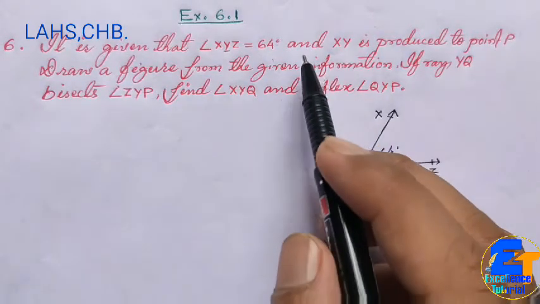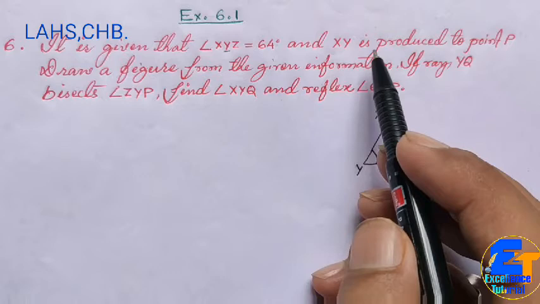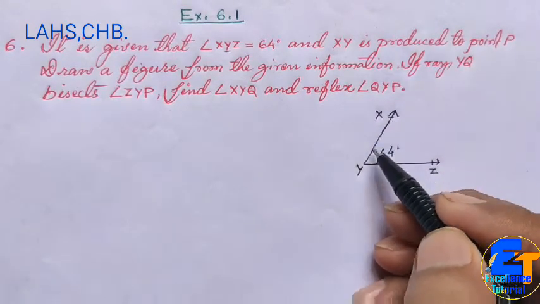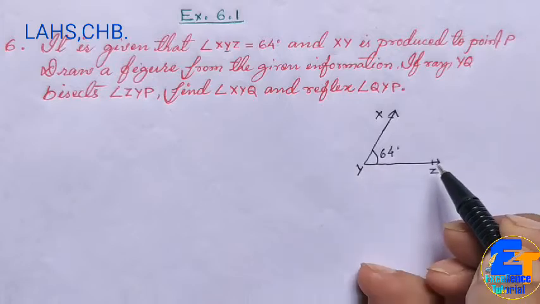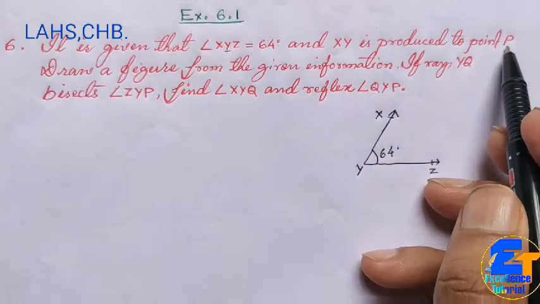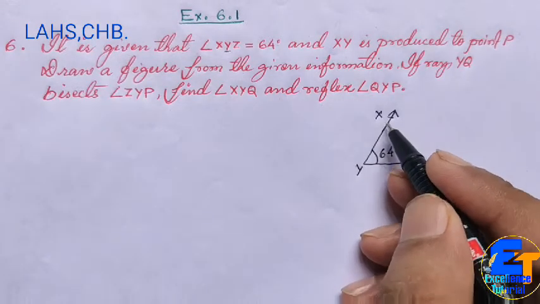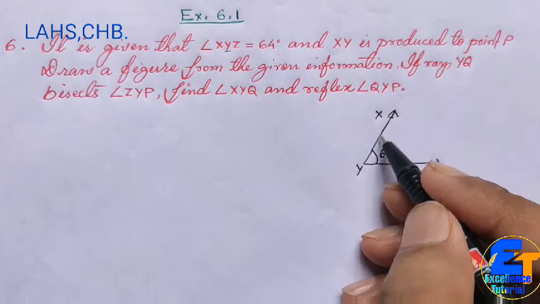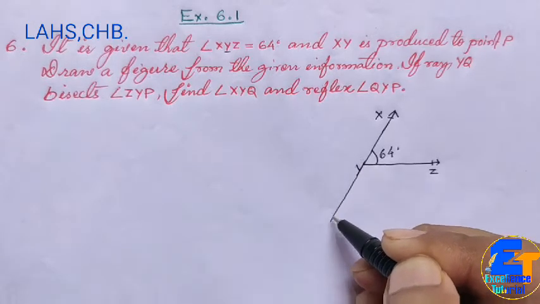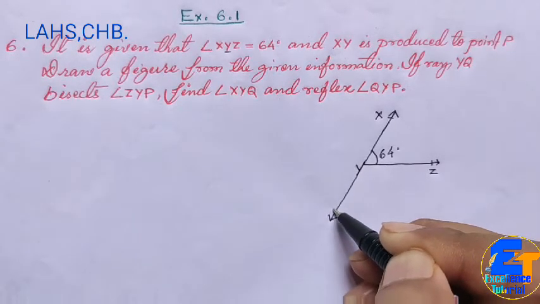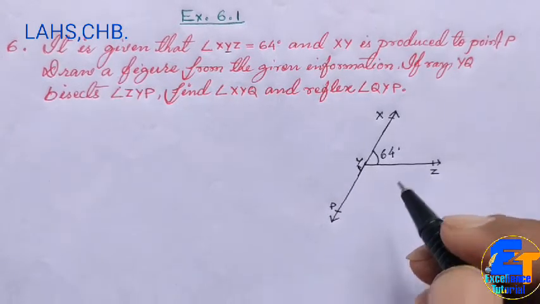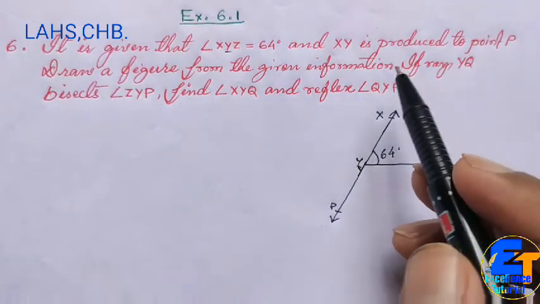Now we are going to follow this instruction. XY is produced to point P. Which ray? This arm XY of this angle XYZ, we need to produce till which point? Till point P. So we produce this arm XY in this direction. Suppose here the point P lies. This is Y. Okay, so we followed the same instruction.